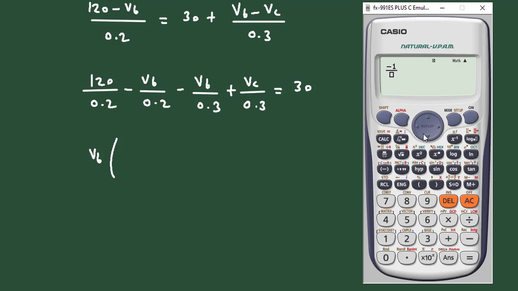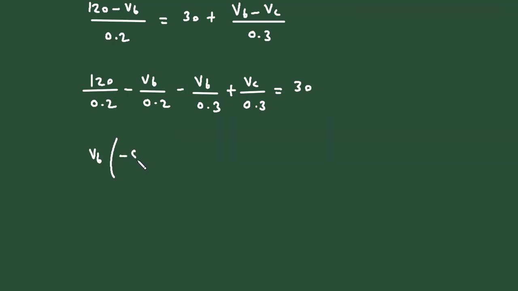minus 1 by 0.3. So it will be minus 8.3, then this will be plus VC in bracket 1 by 0.3 is equal to 30.